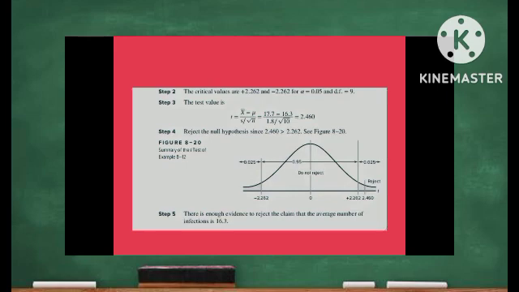Our middle area is 0.95, and each tail beyond 2.262 equals 0.025.